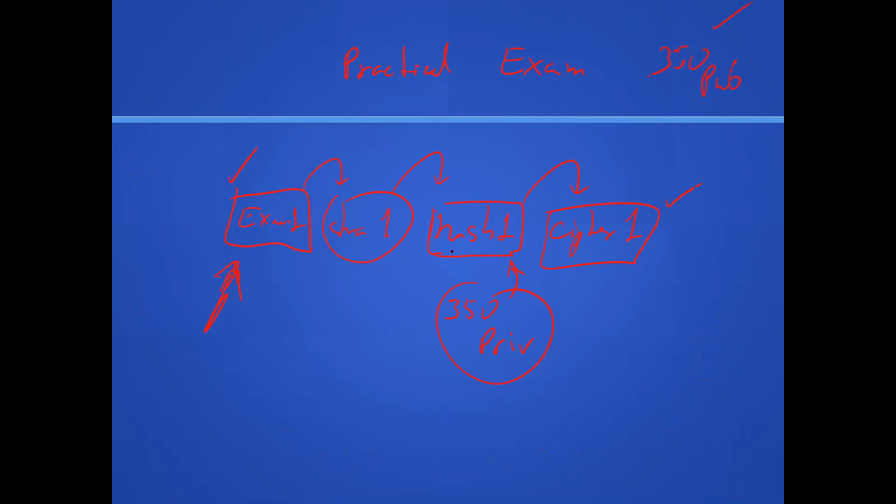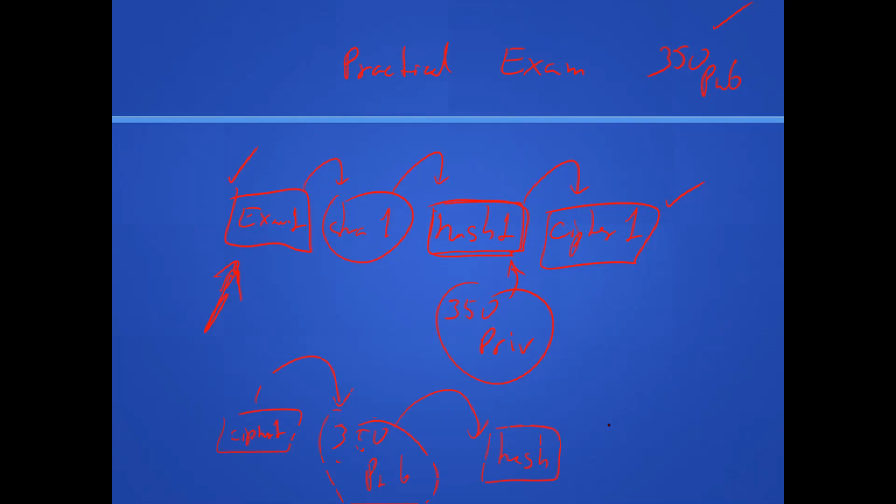So this one will check out, right? When you receive it on your end, you will receive Cipher 1, right? And what are you gonna do? You take the 350 public key, and with Cipher 1, you're going to decrypt it and obtain the hash, correct?